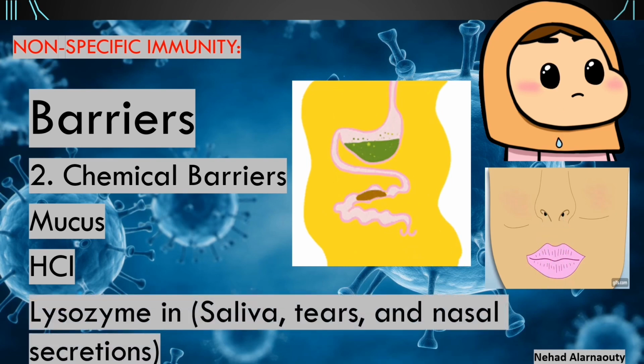Number three, there is a substance, actually an enzyme, called lysozyme. It is in saliva, in your tears, and the nasal secretions. This lysozyme has a crucial role because it breaks down bacterial cell walls, which kills pathogens.